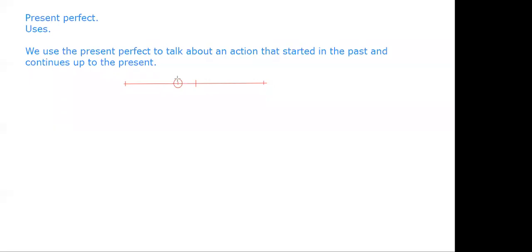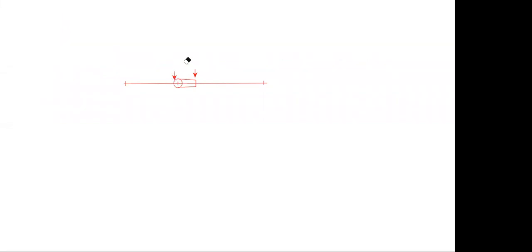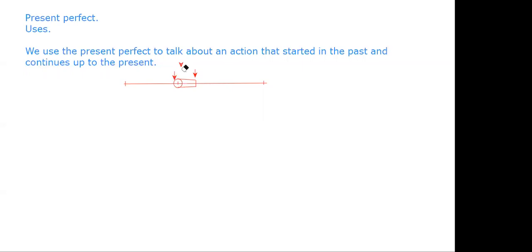What action can be like that? Well, that action started there, but today, in the present, it's still on. So it started there, and in the present, it still continues.